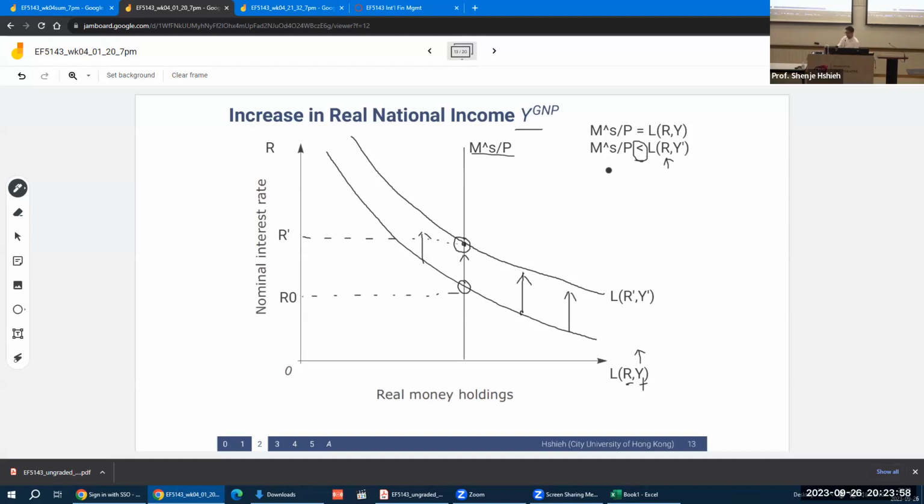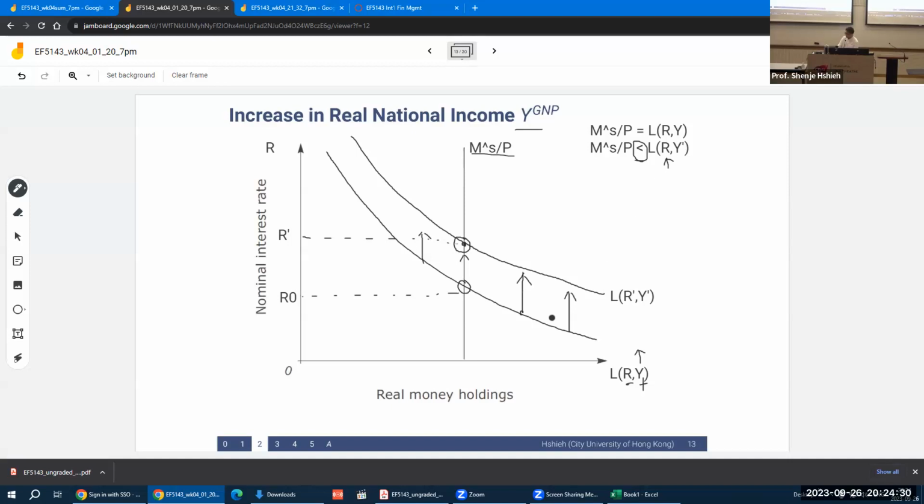And this increase will distort equilibrium, right? If money supply doesn't change, if prices don't change, then the only other free parameter we have is interest rates. And therefore, interest rates have to move in a direction that undoes this increase in L. Because there is a negative relationship between R and L, interest rates must increase so that L decreases and undoes this increase coming from the income shock from Y prime.